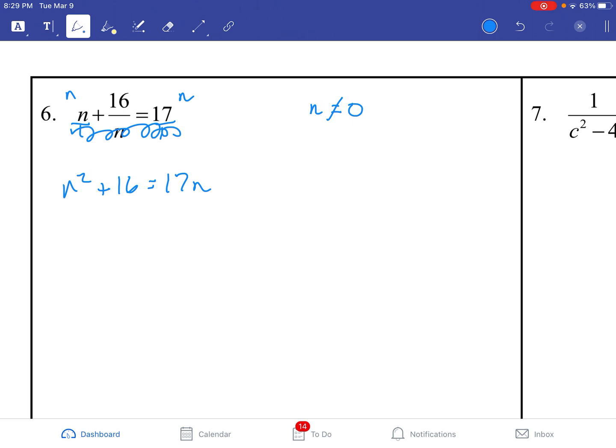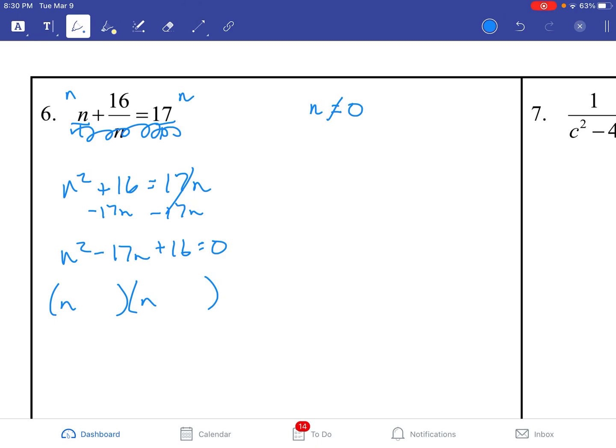Okay, so now this is going to be a quadratic. So I want to bring the 17n to the left by subtracting. Which gives me n squared minus 17n plus 16 equals 0. Okay, so now what I have to do is I have to factor this. To find 2 numbers that multiply to be 16 and add up to be negative 17.